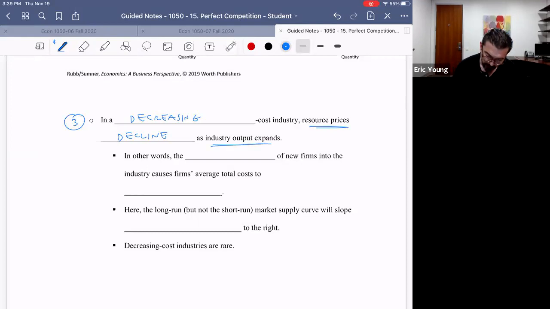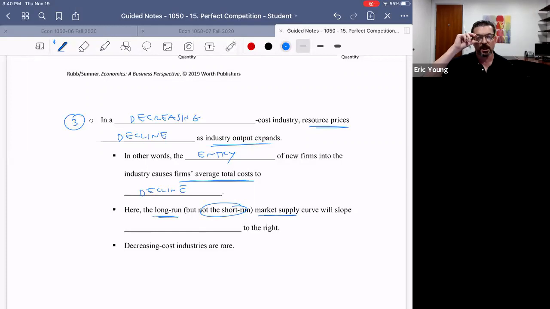In other words, my friends, the entry of new firms into the industry will cause the ATC of existing firms to decline. Because of this, the long run market supply curve, okay, remember, not the short run supply curves, which are always upward sloping. But in a decreasing cost industry, the long run market supply curve will slope downward to the right.